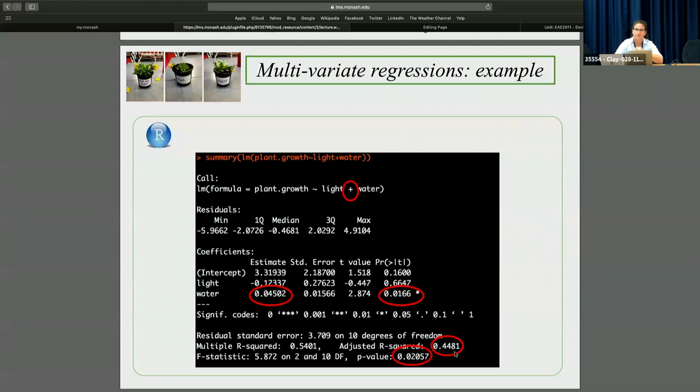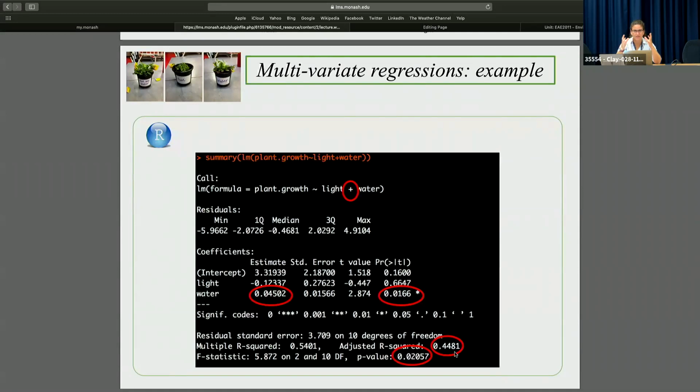What it's doing now is telling me that the model explains about 45% of the variation in the data. Everything else is just that noise we can't explain. So it's not a great model. There are a few reasons why an adjusted R squared would be so low, and one of them is that perhaps I haven't measured anything of value.